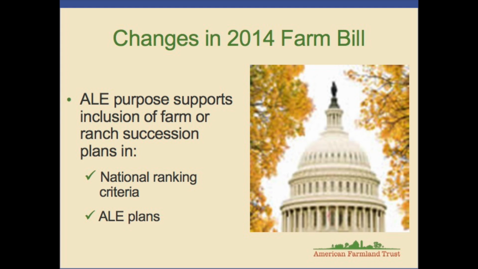Other actions taken by the landowner may demonstrate a commitment to long-term viability. For instance, the landowner may have participated in a state farm viability program or have recently updated their farm business plan. But evidence of farm succession planning also counts, and that's what we'll focus on today.